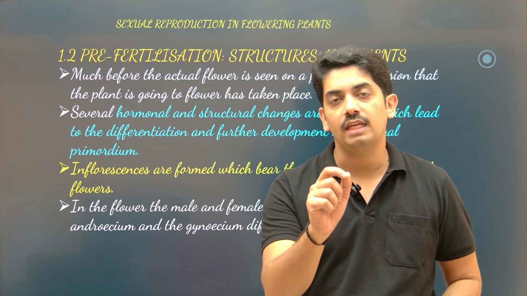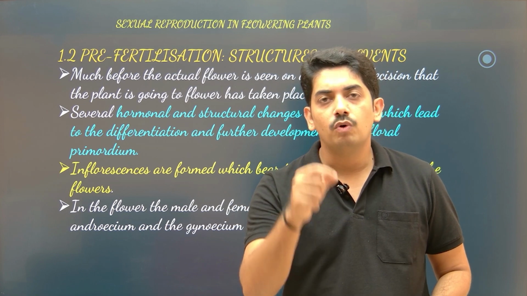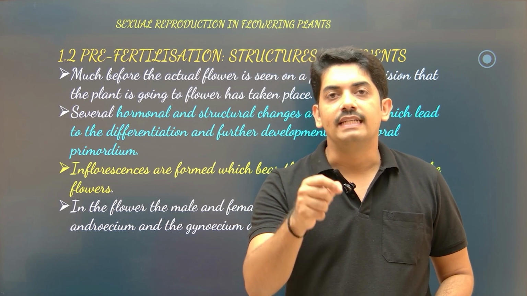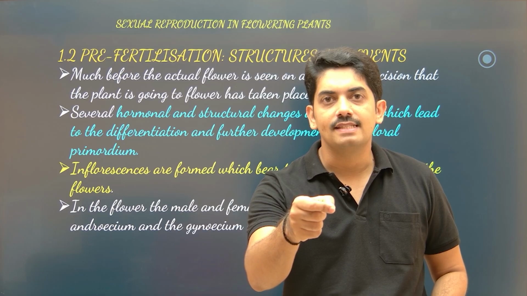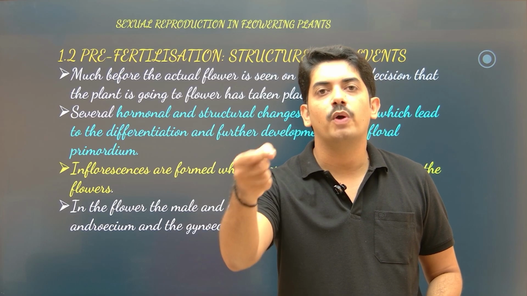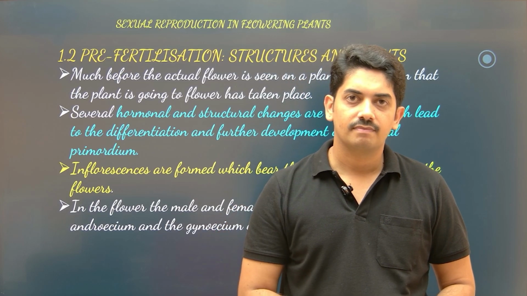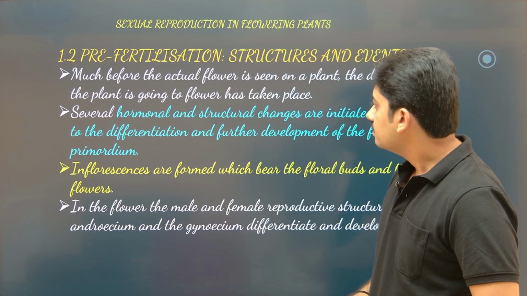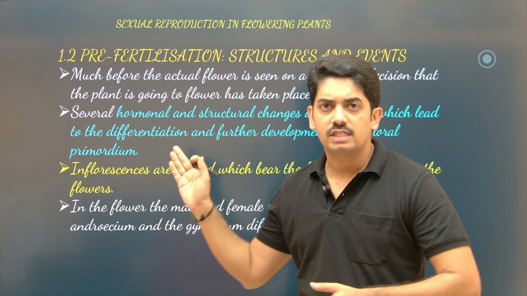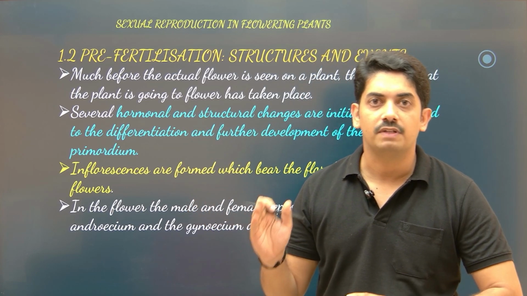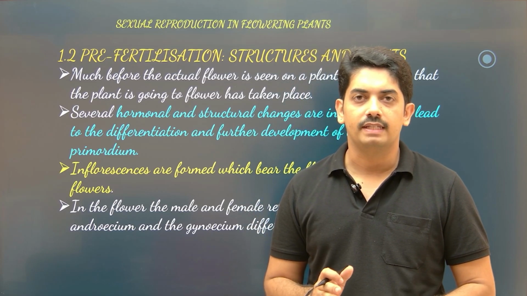This is a very important term. This floral primordium later develops into an inflorescence, and this inflorescence later produces the flowers. Okay, now what all hormones are present, that we already studied in first PUC, plant growth and development.